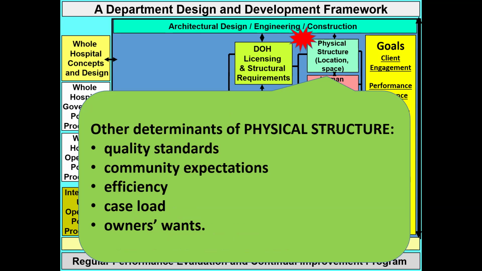So other determinants will be the quality standards and then community expectations. This will influence the structure that will be set up by the department, efficiency in the workload, in the functioning of the department, caseload, and of course, very important is the owner's, especially if it's a private hospital.